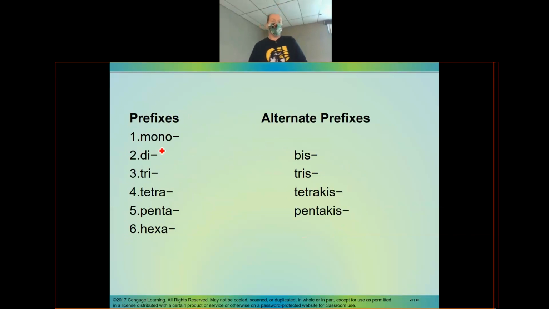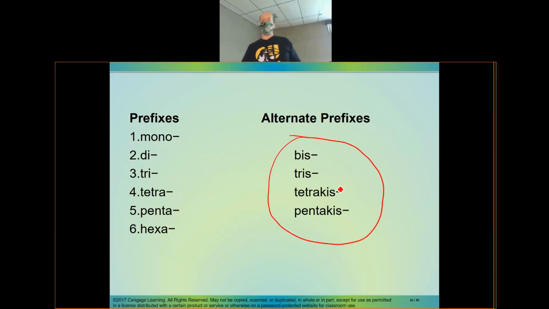All right, so we already know our Greek prefixes: mono, di, tri, tetra, penta, hexa, hepta, octa, nona, deca. Again, if you've already used a Greek prefix in the ligand name and you have more than one of those ligands, then you would use the alternate prefixes: bis for 2 of them, tris for 3 of them, tetrakis, pentakis for 5.